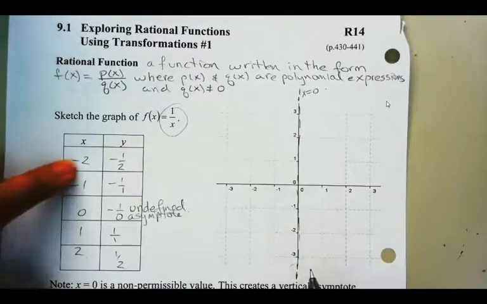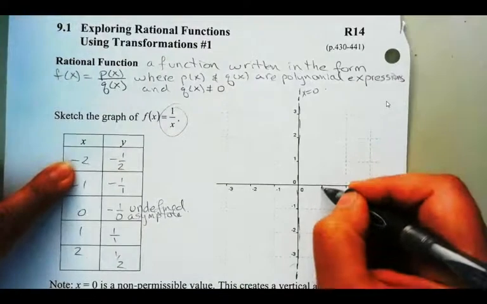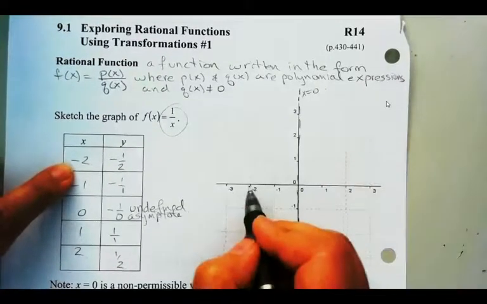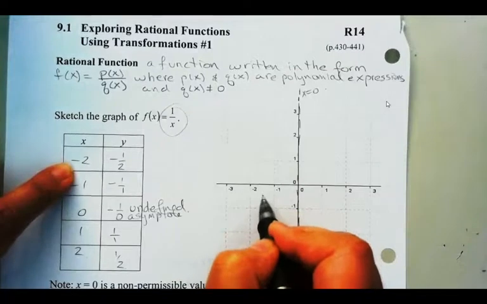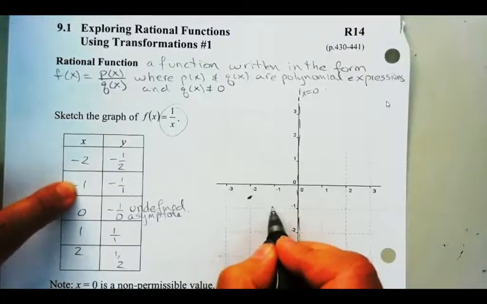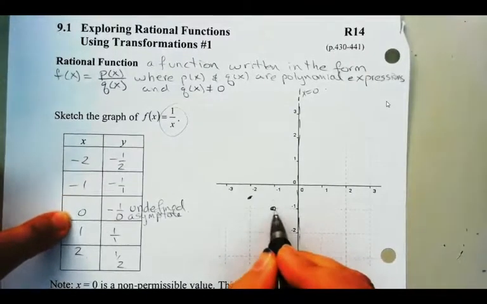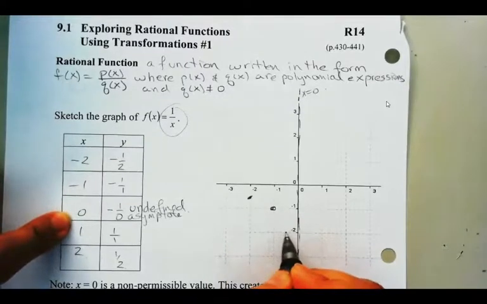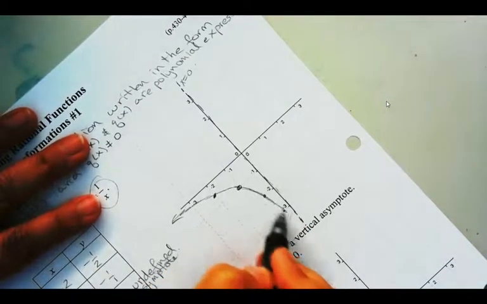So if we were to take these points and graph them, x is -2 and then -1/2 right here, -1 and so on. I'm going to turn this over so I can draw my asymptotes nicely.